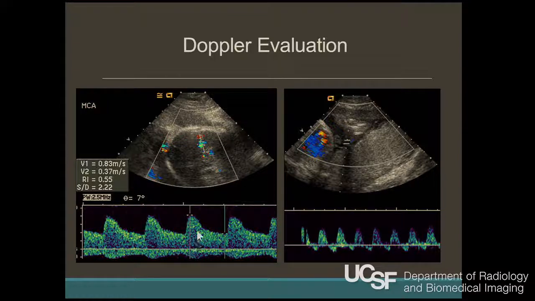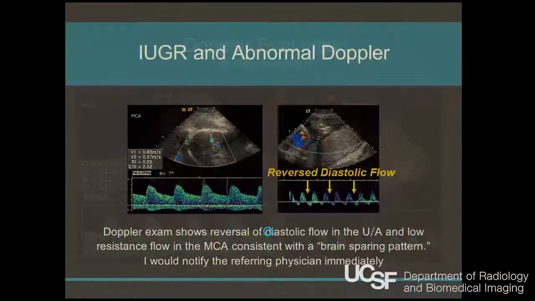And in this case, it was extremely abnormal. The umbilical artery actually has reversal of diastolic flow, and the middle cerebral artery, which I'll go over what it should look like in a second, has really low resistance type flow, high diastolic flow. So is this normal? The answer is no. It's actually really, really abnormal.